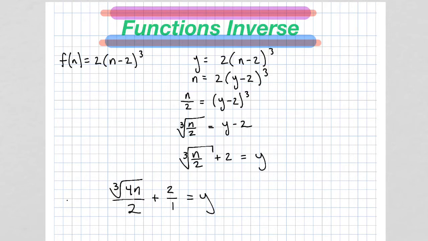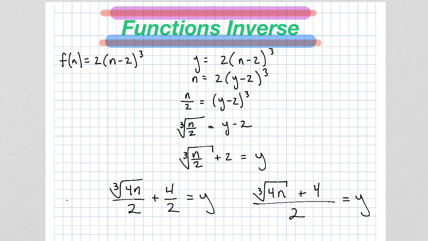So instead of 2 over 1, why don't we go ahead and write that as 4 over 2. So now I could add these together. What is that going to look like? It's going to look like cube root 4n, plus 4 all over 2 equals y.